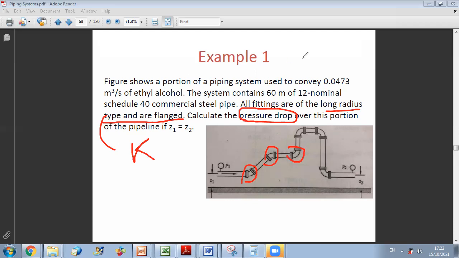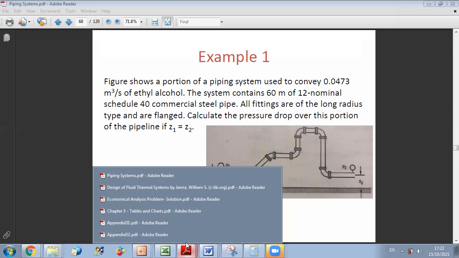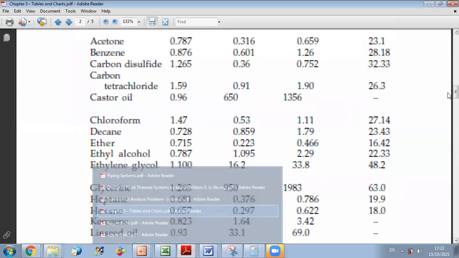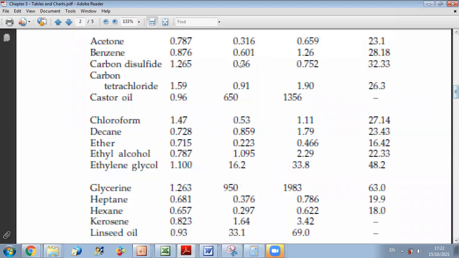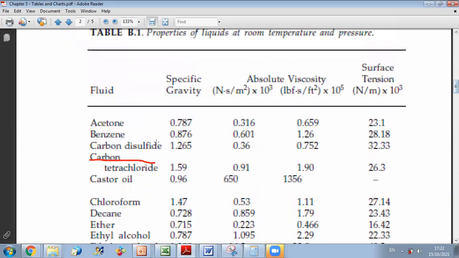So to start with, we go to our table B1 and look for ethyl alcohol. So this is our table. Ethyl alcohol is here. Since we are working in SI units here, the first column will give us the specific gravity.